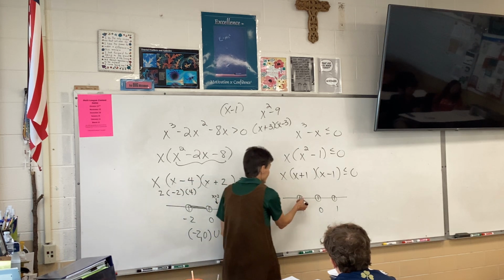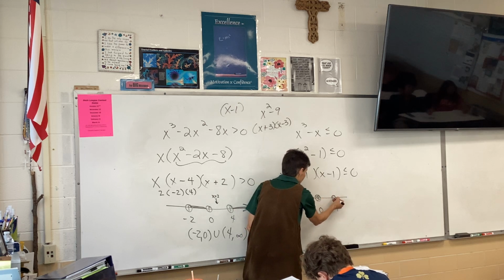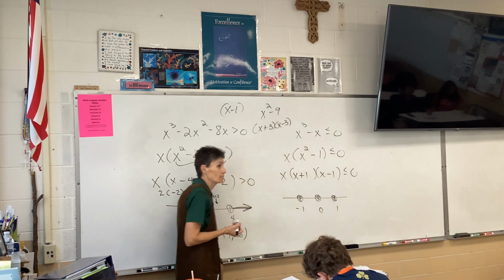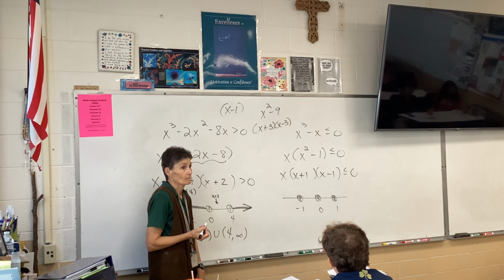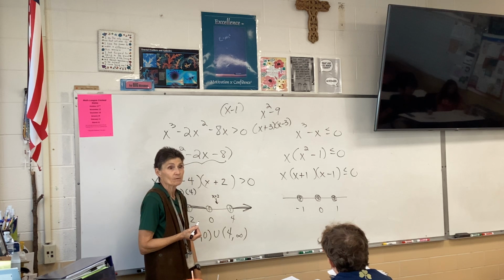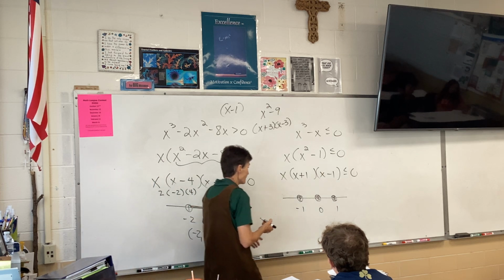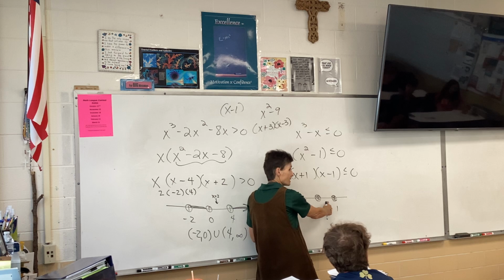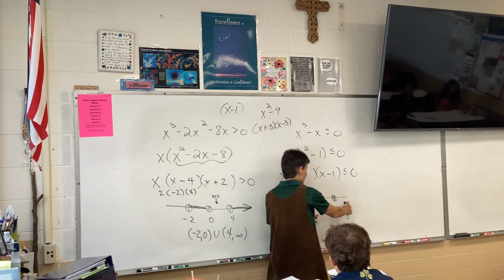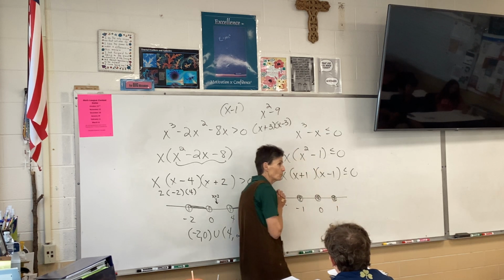And those would all be solid dots this time. And we gotta figure out where to shade. Okay? I know my shading is either gonna be these 2 sections or these 2 sections. I'm just not sure which it is.